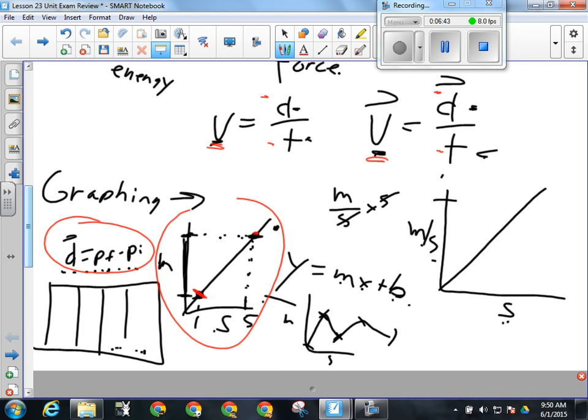Okay? Make sure you read the question carefully in case it specifies exactly how it wants you to find something. If the question says, using your line, do the following things, make sure you're doing that. If you're using points that aren't on the line, are you using your line?